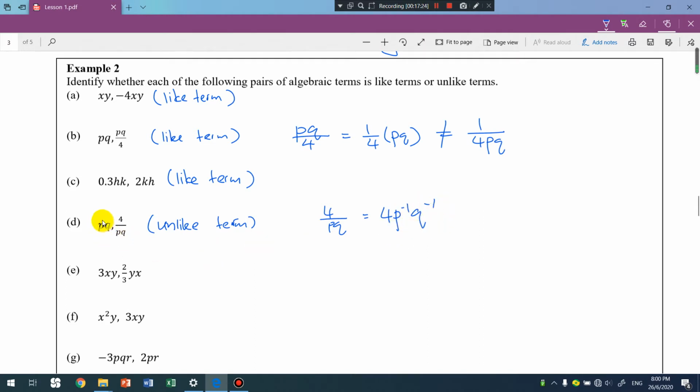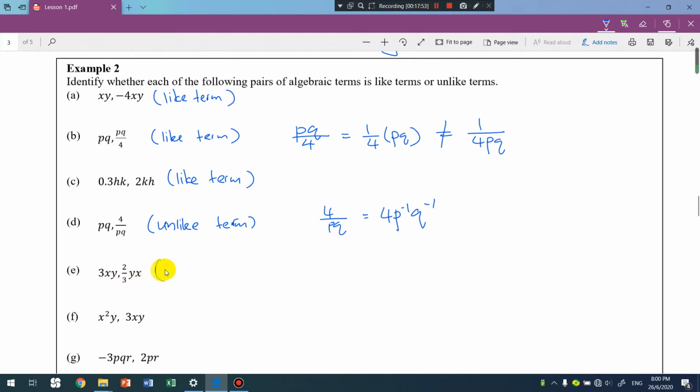And the power for p and q here is only 1, not -1. So these two are unlike terms. Why do we need to learn about like terms or unlike terms? Because only like terms we can plus or minus. Unlike terms, we cannot plus or minus. This I will talk to you about in the next part.